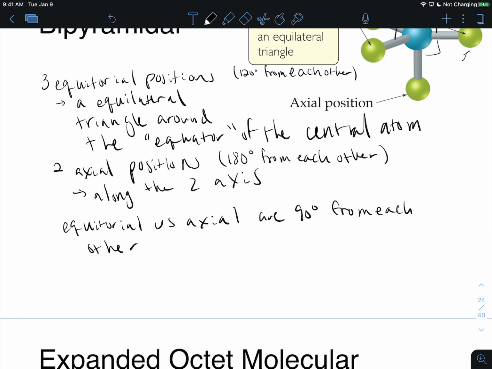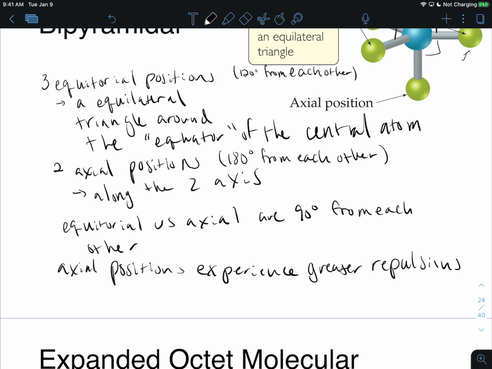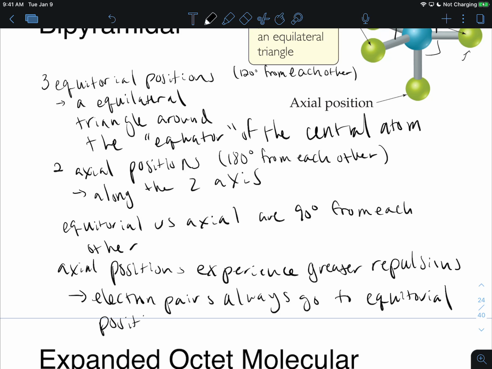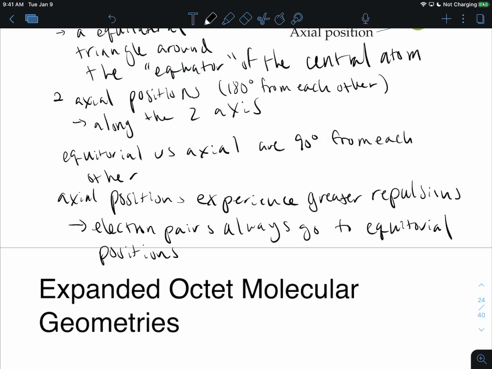So axial positions experience greater repulsion. Because of this, electron pairs always go to equatorial positions. So you'll never have an axial position that has electron pairs.